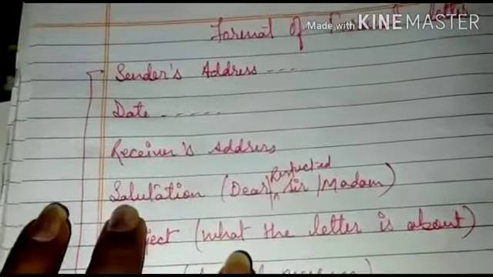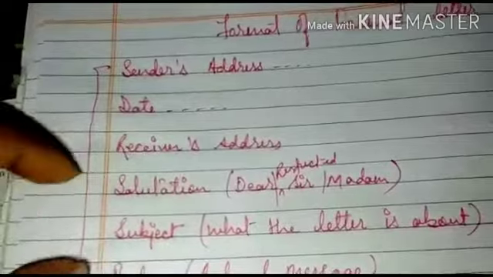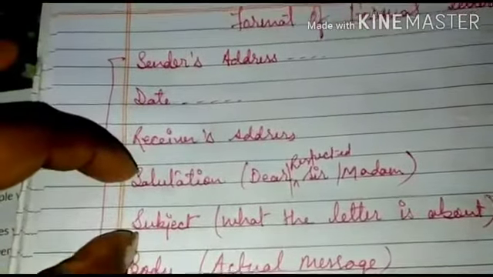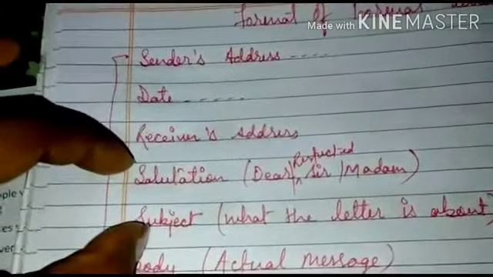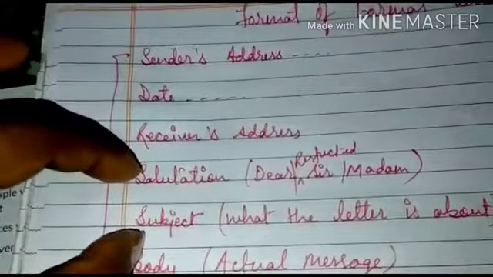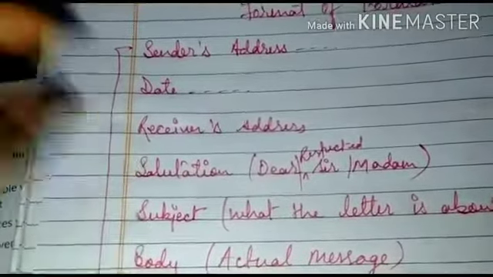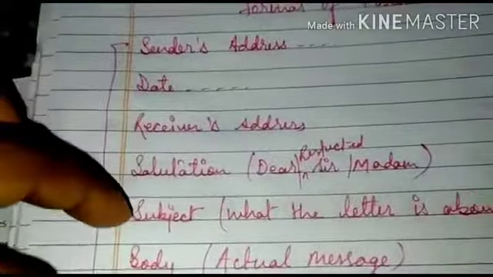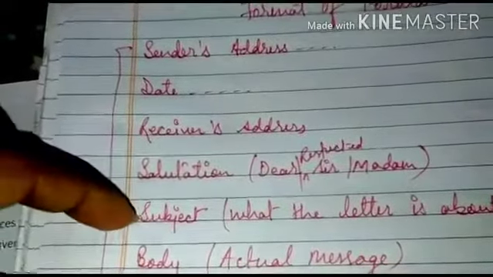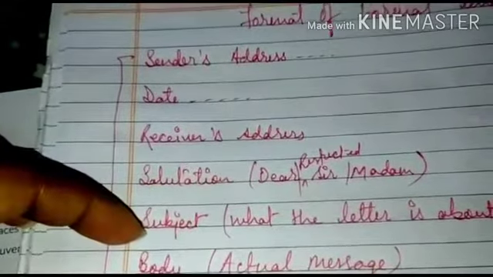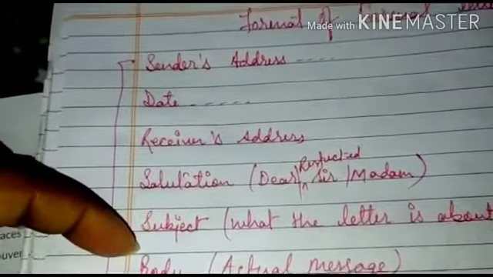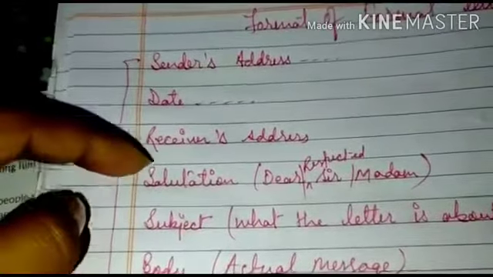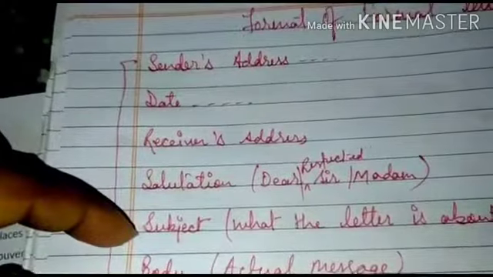Next we'll come to salutation and then subject. Now here you can see, you can find the changes. Please don't get confused, because see, the CBSE has made some changes in the letter writing format in formal letters. Previously, what we used to do, we used to put the subject first and then the salutation. But now what we do, we put the salutation first and then the subject.